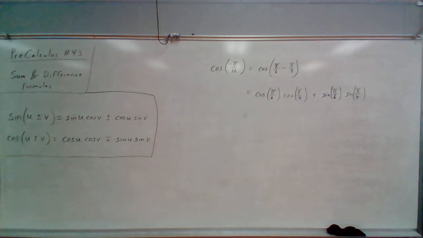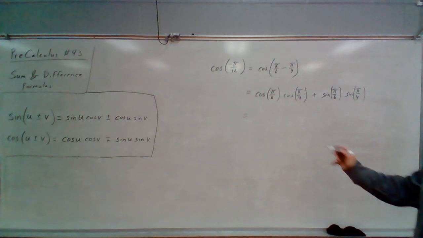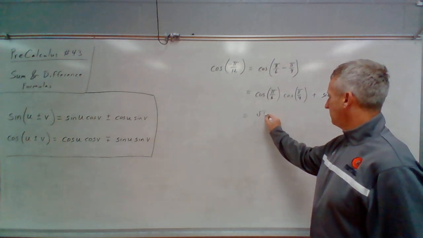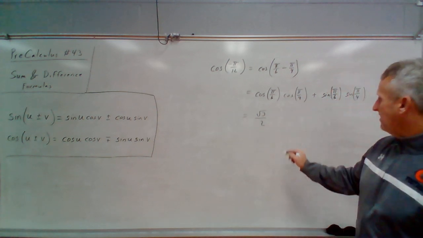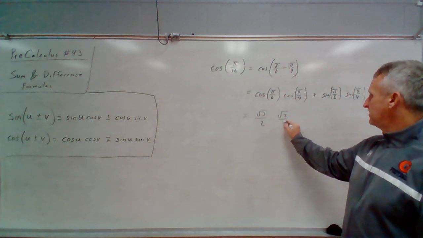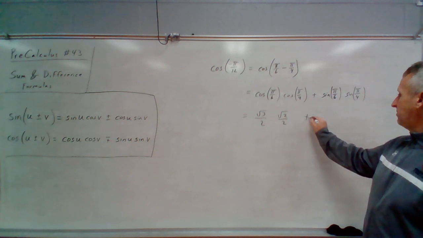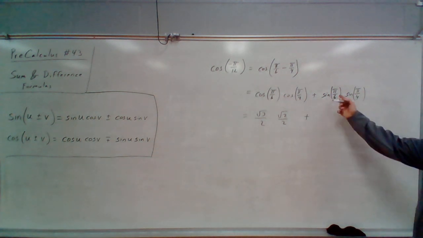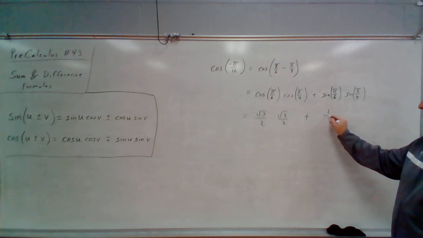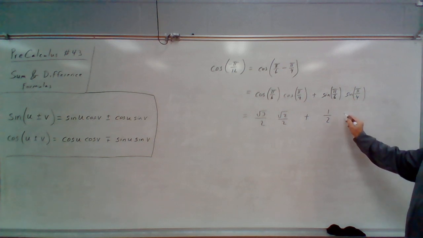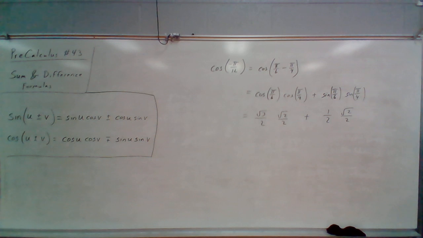Cosine of pi over 6 is square root of 3 over 2. Cosine of pi over 4 is the square root of 2 over 2. Plus the sine of pi over 6 is 1/2. Sine of pi over 4 is the square root of 2 over 2.